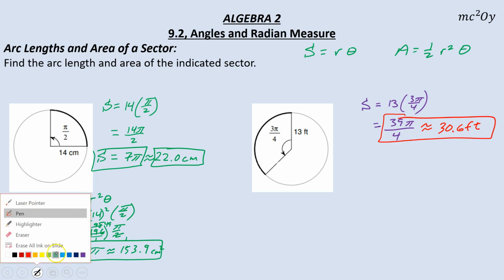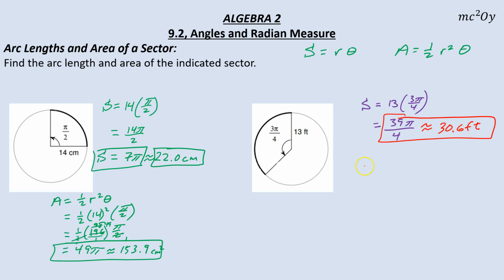And let's go ahead and switch to a color we're not using there. So area is equal to 1/2 our radius, which is 13, squared, times theta, which is 3 pi over 4. So we have 1/2 of 169 times 3 pi over 4.